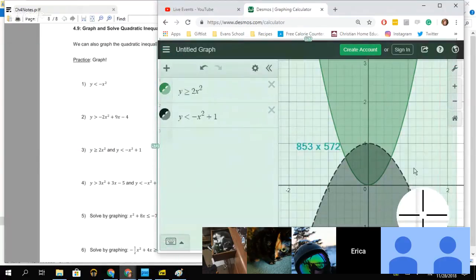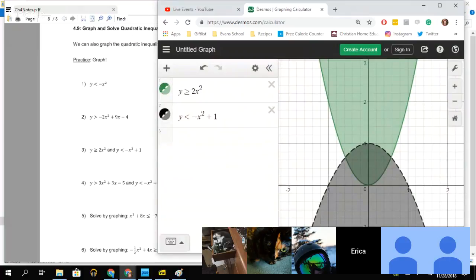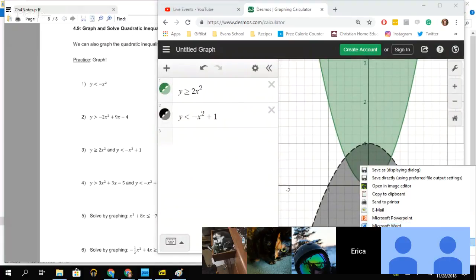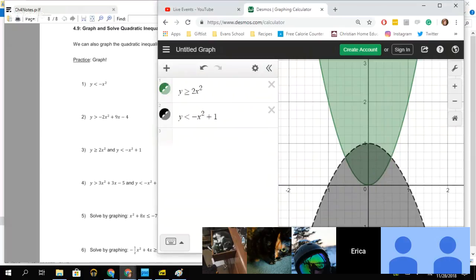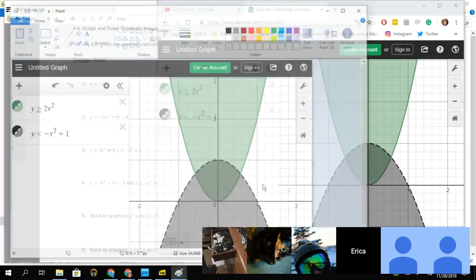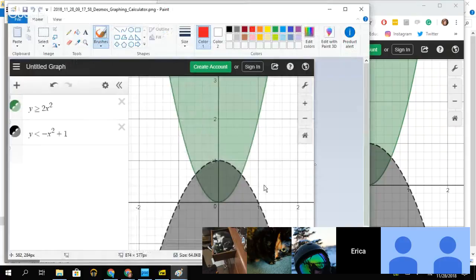Do you guys remember doing this in chapter 3? It's the same idea of what we were doing in chapter 3 with linear equations, but now we have quadratic equations. Yay. So if I were to graph this where both were true, my graph would look kind of crazy, but it would look like this and this part shaded.